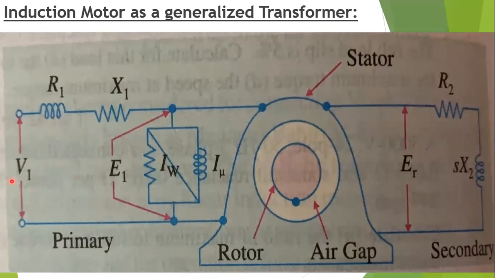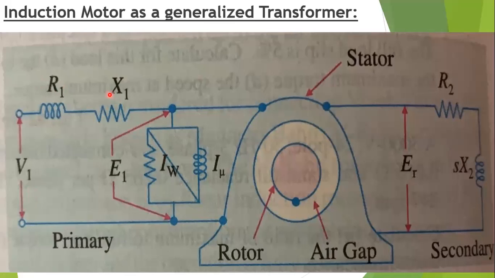So V1 is equal to the main voltage E1 plus the voltage drops. Resistance is there, so there will be some voltage drop. What is the voltage drop? I1 R1 for the resistance, and for the reactance the voltage is I1 X1.